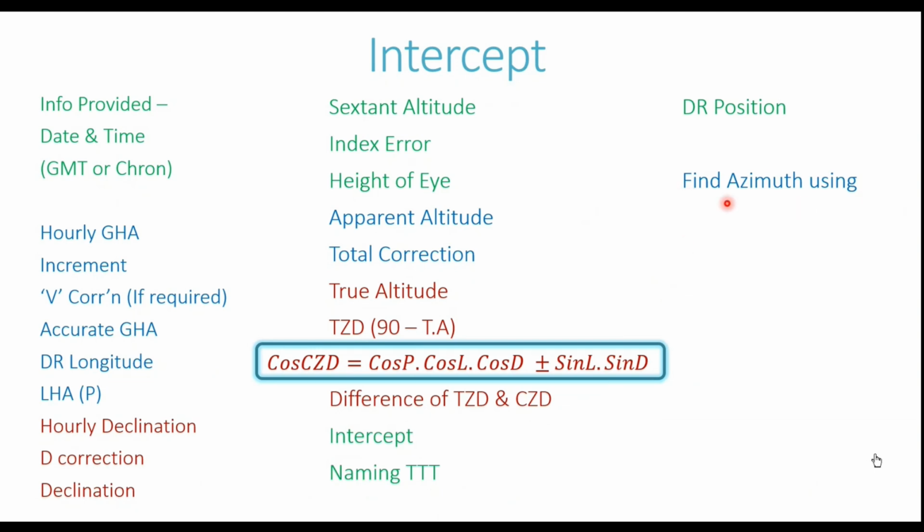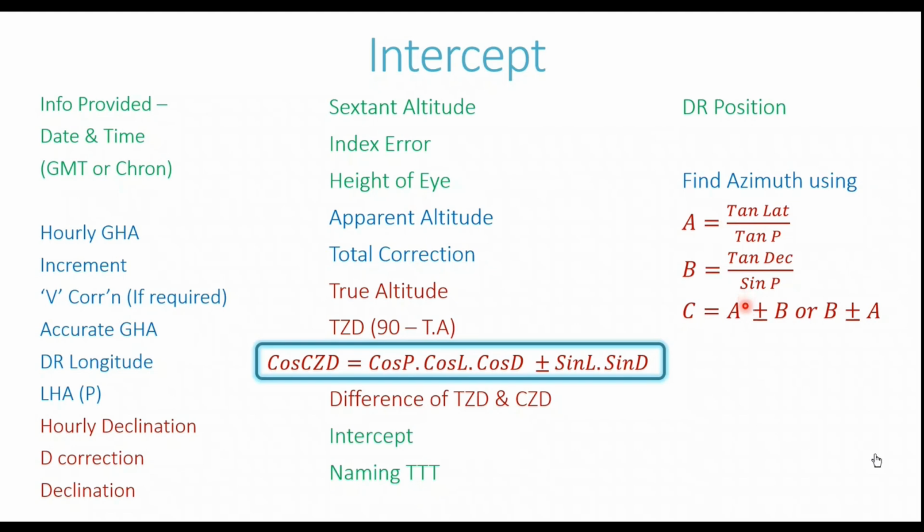Azimuth is found using the same ABC method. A is equal to tan latitude upon tan P, named opposite to latitude if P is less than 90, and named same as latitude if P is greater than 90. Then B is equal to tan declination upon sine of P, named same as declination.